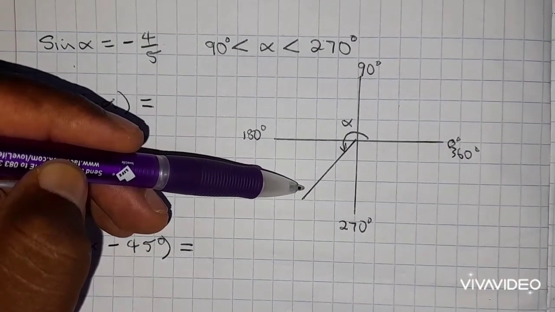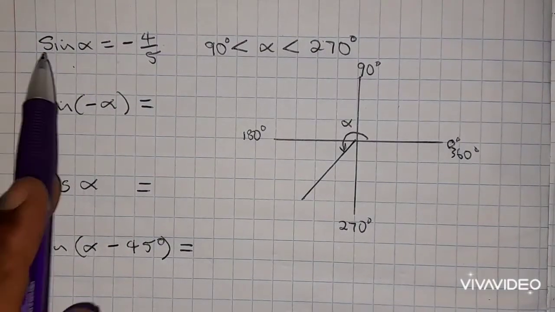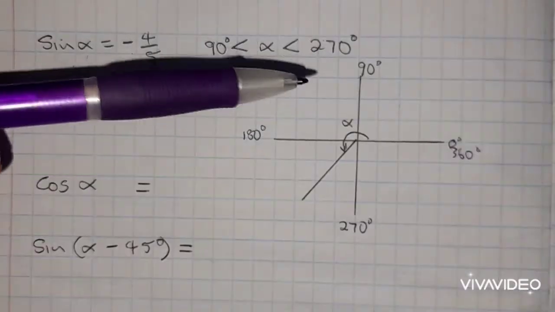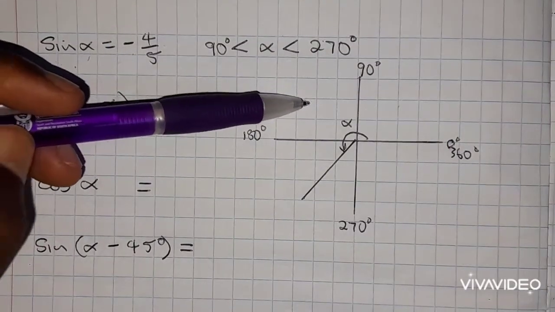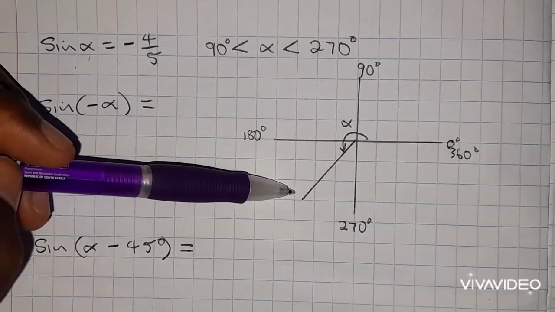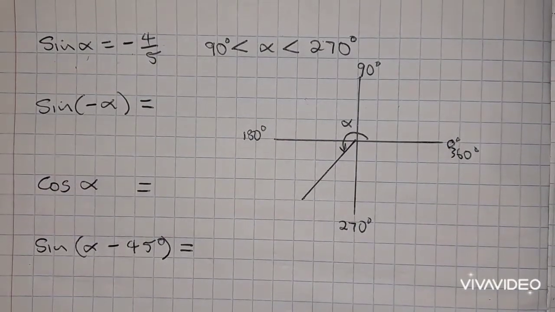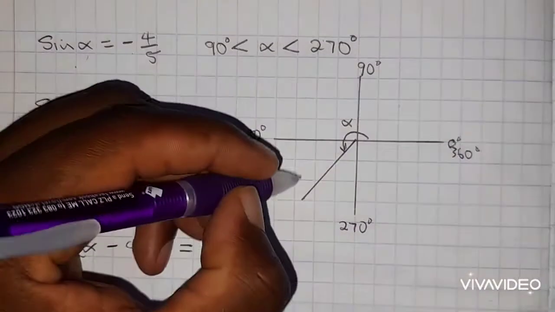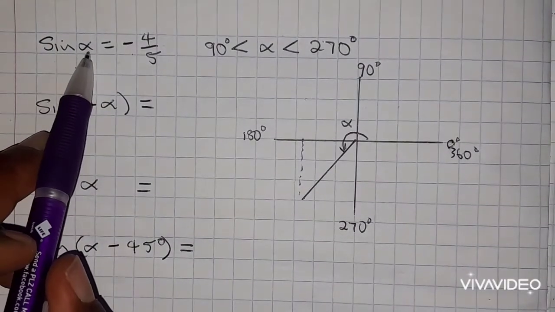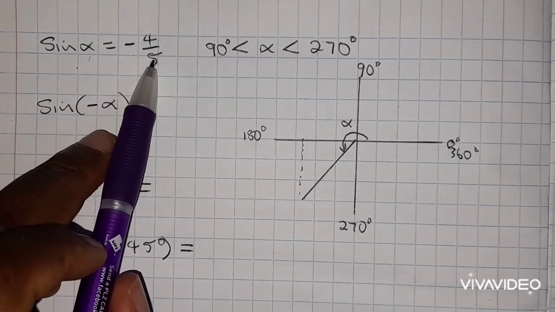But where exactly should we draw the diagram? We have a negative here. Sine alpha is negative. We know that in our CAST diagram, sine is positive here and sine is negative in the third quadrant. So that's how we determine where to draw this diagram. And we have the diagram now. We are told that sine alpha is equal to -4/5.